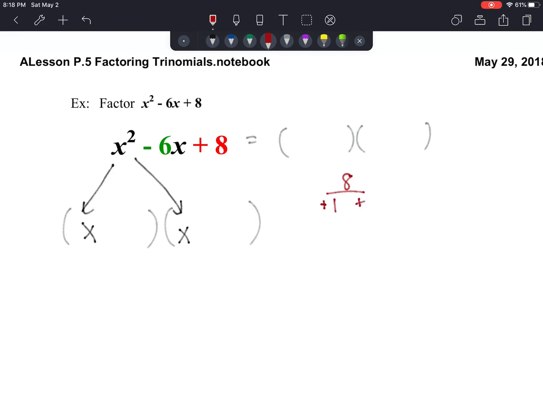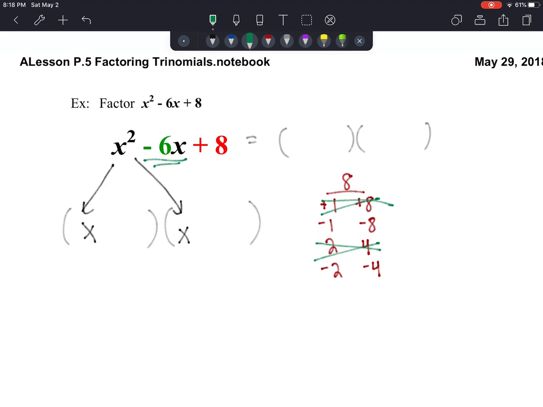So positive 1 and positive 8, negative 1 and negative 8, positive 2 and positive 4, negative 2 and negative 4. If I use positive 1 and positive 8, I'm not going to add to be a negative 6. So I know that I can't use positive 1 and positive 8, and I can't use positive 2 and positive 4, because I need them to add to be a negative 6.